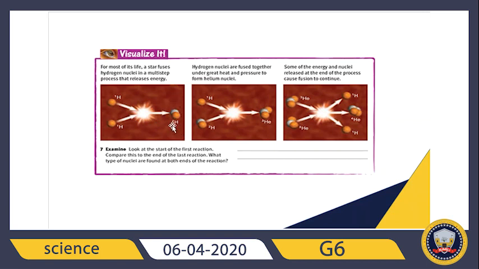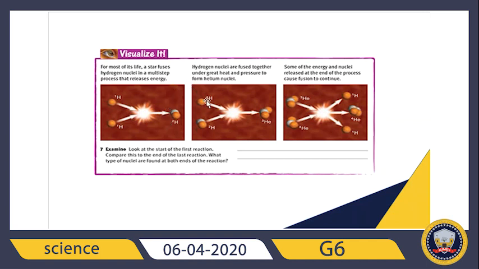But this time this hydrogen atom has 2 protons instead of 1. So again, the first step: 2 hydrogen atoms, each containing 1 proton, fuse together and result in a hydrogen atom that contains 2 protons.